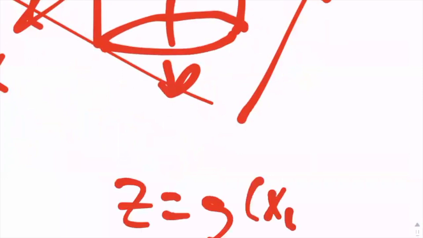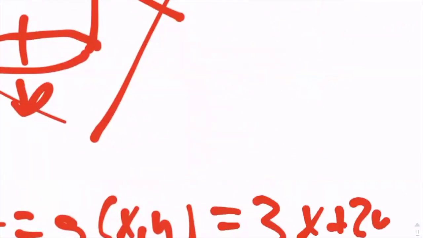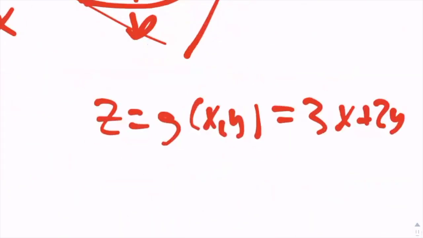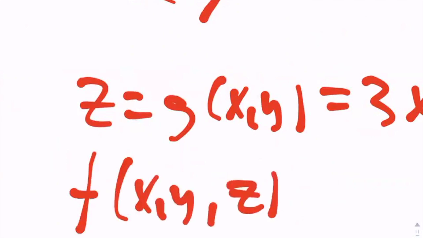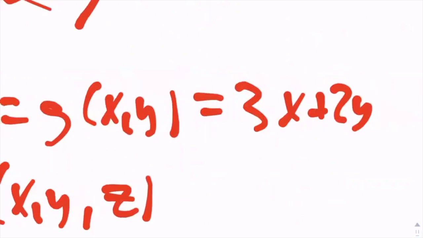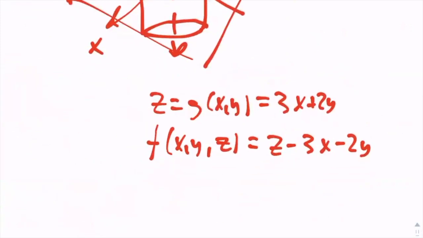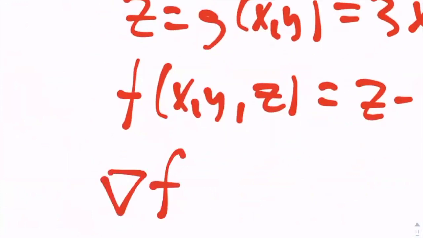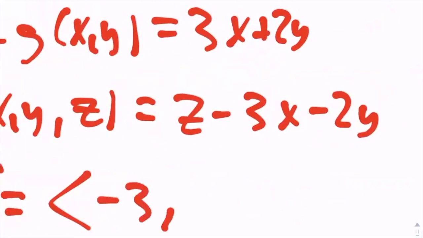And as we've already learned, we have z is equal to g of xy, which we already know comes out to be 3x plus 2y. And we can define our function f of x, y, z, as we did in the previous lesson, to be z minus 3x minus 2y. And then when we take the gradient of that, we are going to get minus 3, minus 2, 1.